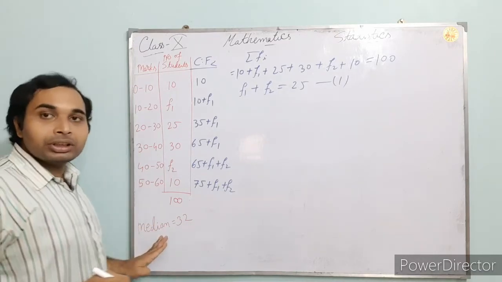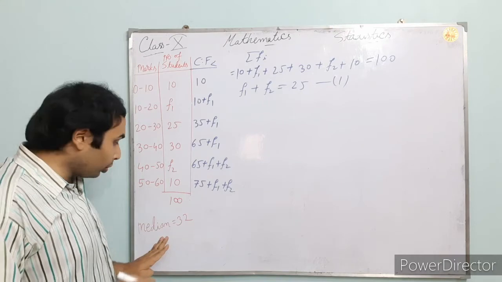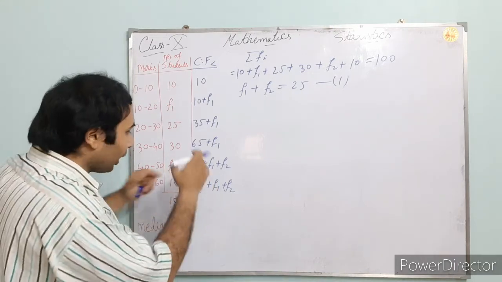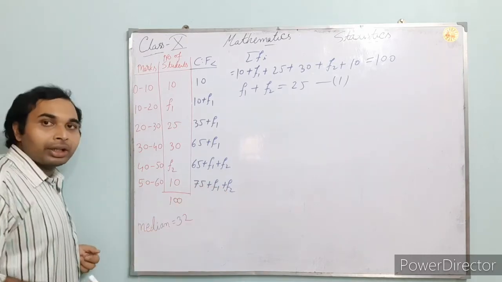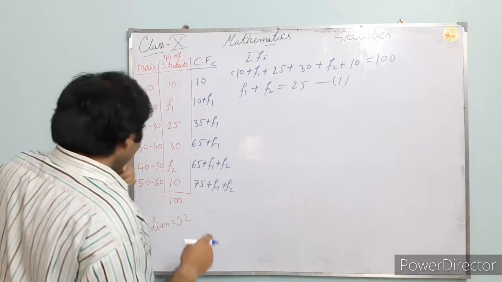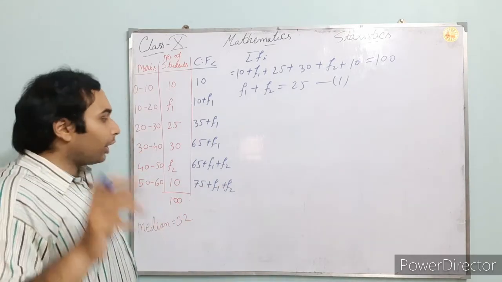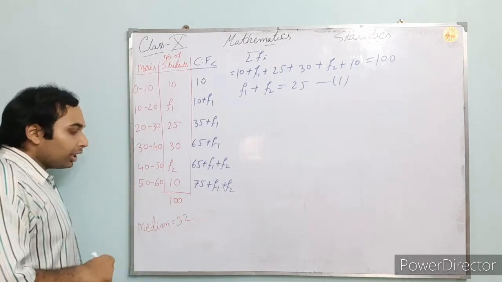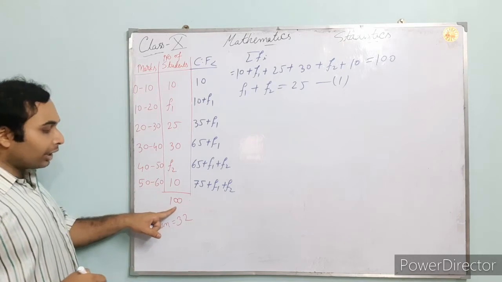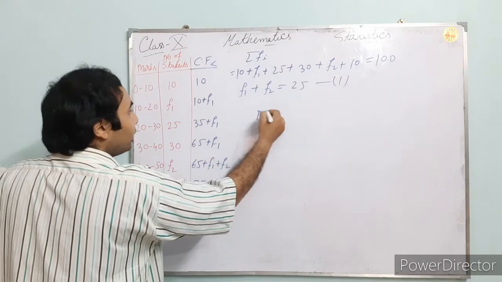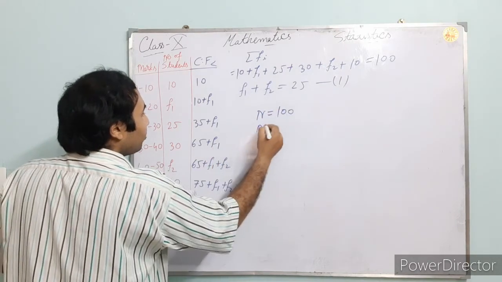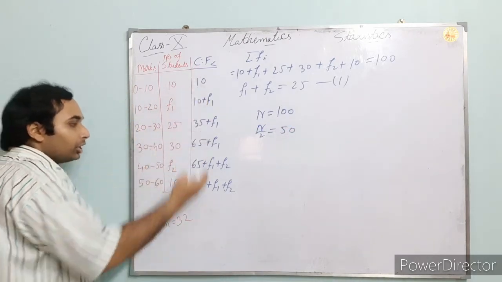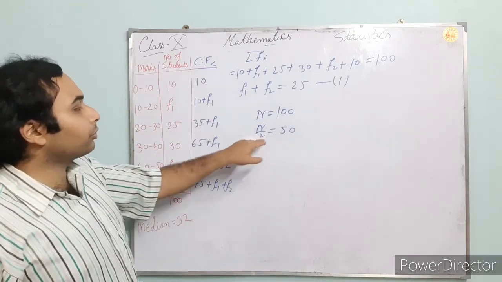Now the median information is given, so we have to apply that information to get another equation of f1 and f2 to solve. For finding the median we have to find the median class. What is the median class? Here n equals 100, so n by 2 equals 50. Now from this cumulative frequency table we have to find 50.